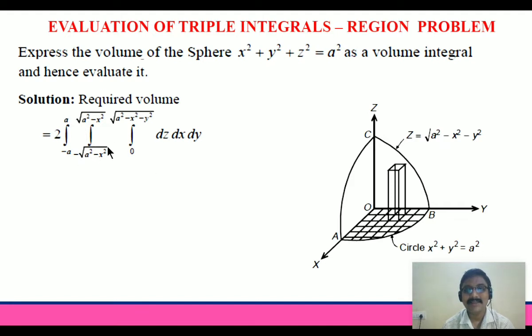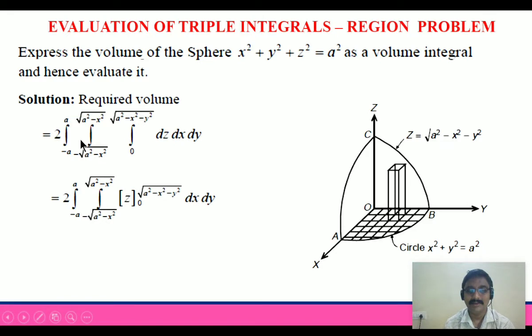So clearly the triple integration becomes a double integration. That means we have to take the volume region in two dimensions. That is, the orthogonal projection is considered in two dimensions, so that the volume region is like this circle, whose y limits are negative root of a square minus x square to positive root of a square minus x square, and x limits are minus a to plus a.